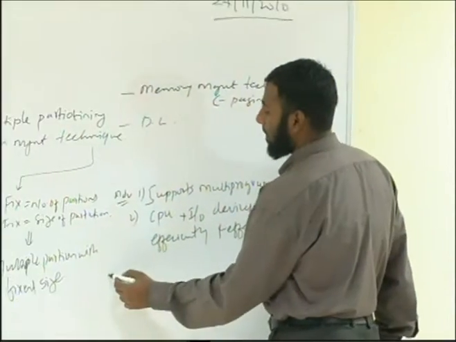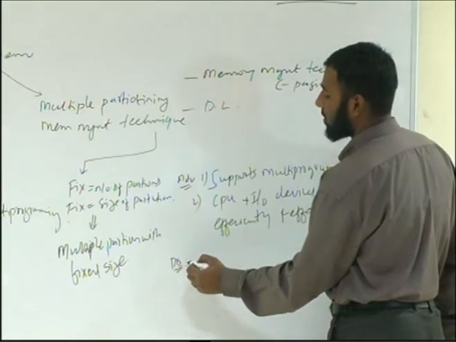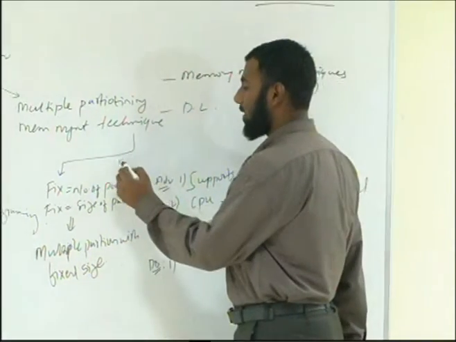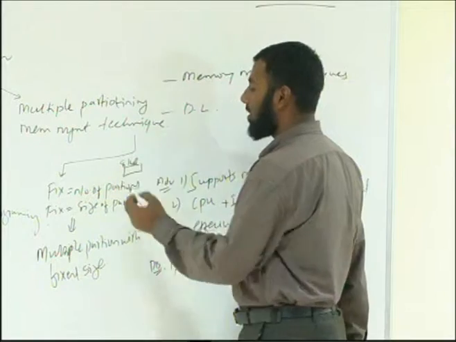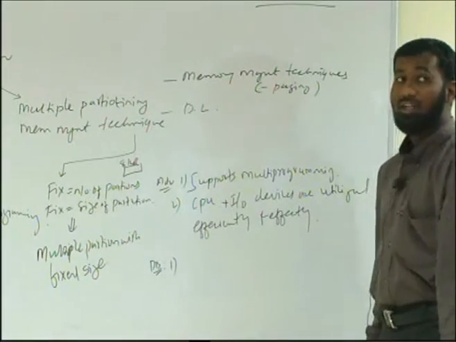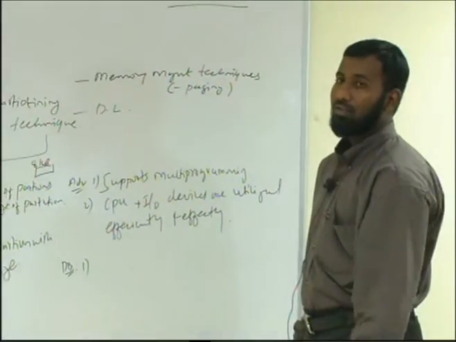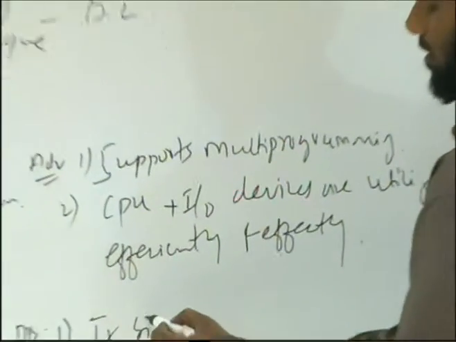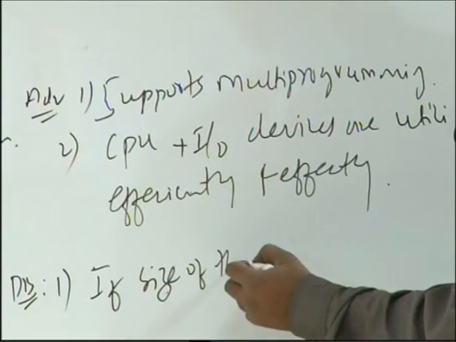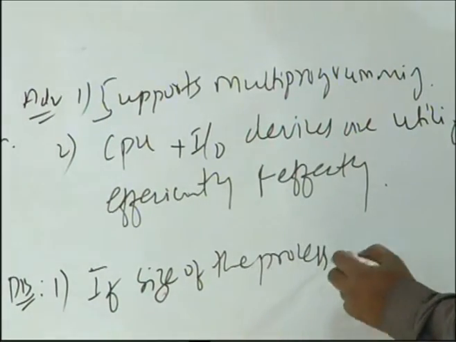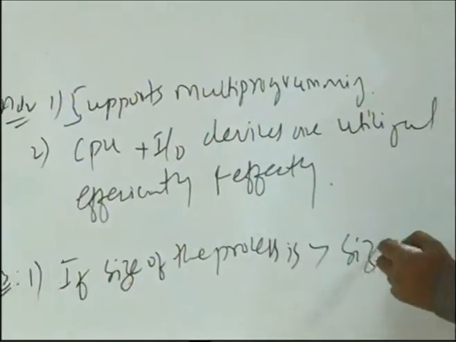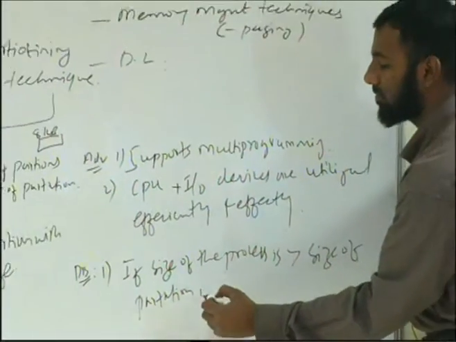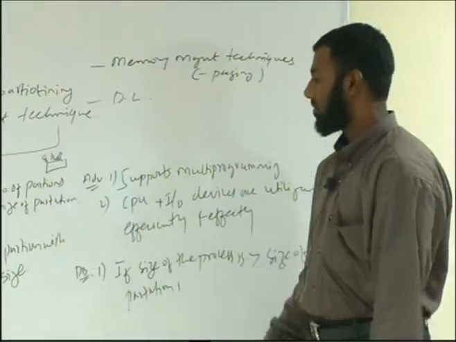But the disadvantage of this technique is, suppose the size of the partition is fixed to 8 kilobytes, as we saw yesterday. If the size of the process is greater than the size of the partition, then we have a problem.